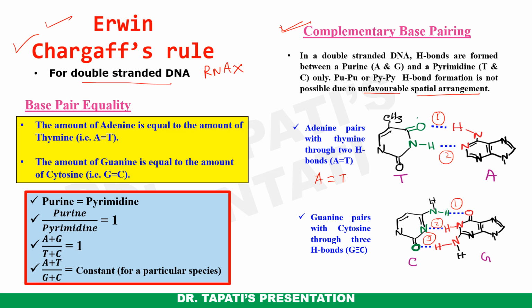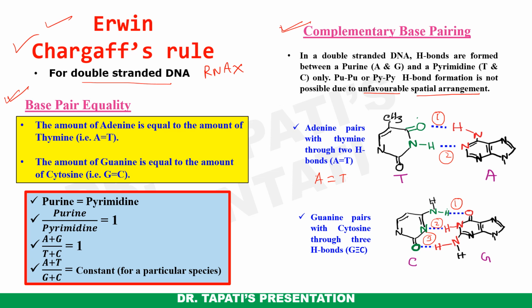This complementary base pairing in DNA proves Chargaff's rule. Now, according to Chargaff's rule, base pair equality, if you consider here, the amount of adenine is equal to the amount of thymine.